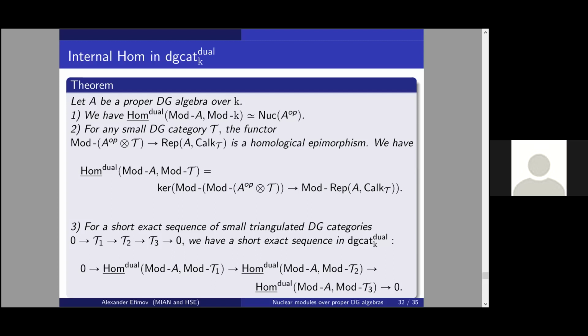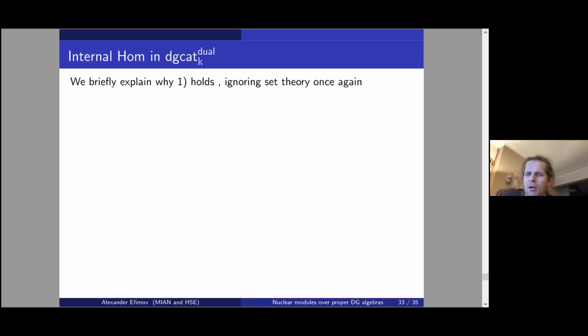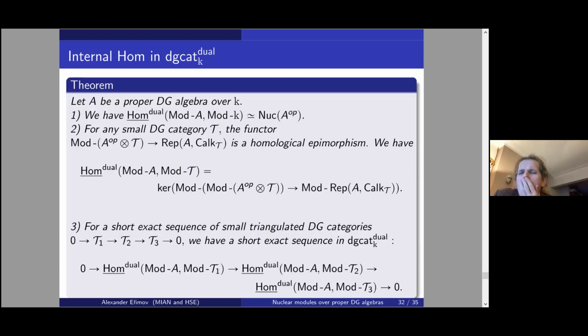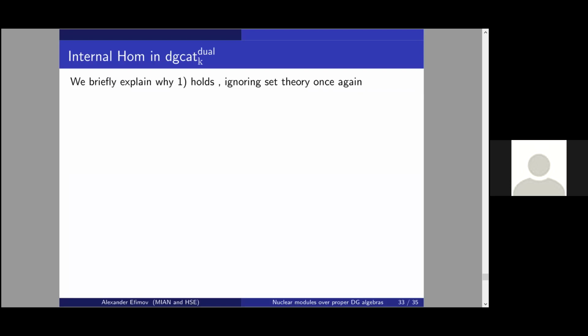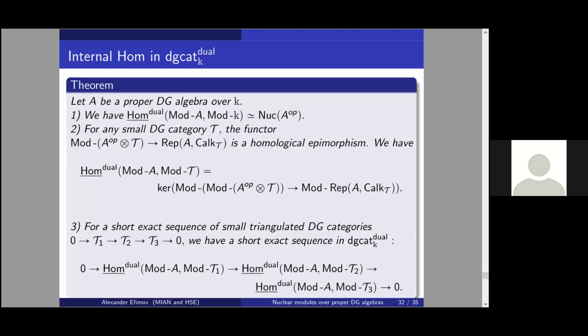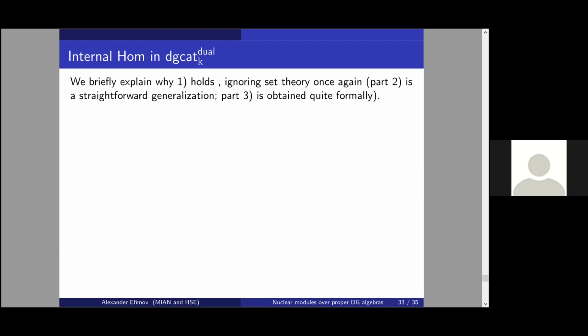So this is basically the interpretation of these nuclear modules in terms of universal properties. And we briefly explain why condition 1 holds, ignoring set theory once again. Part 2 is a straightforward generalization, and part 3 is obtained quite formally. You need to be careful, of course, with such statements, but it is quite formal.